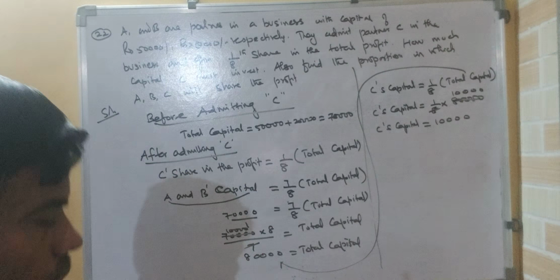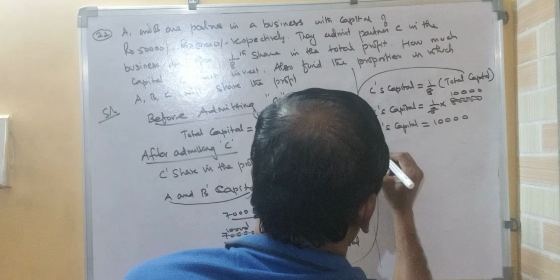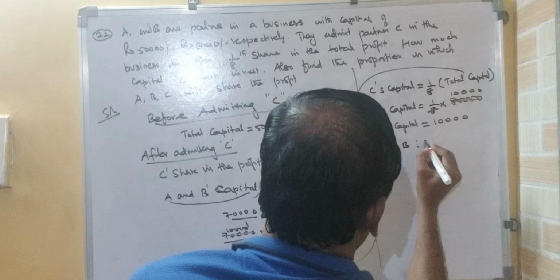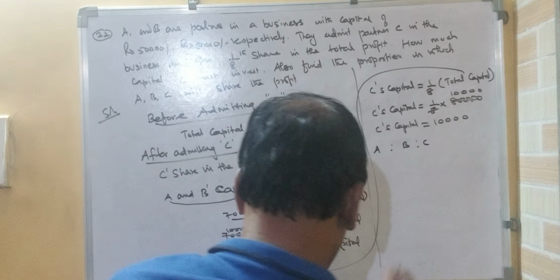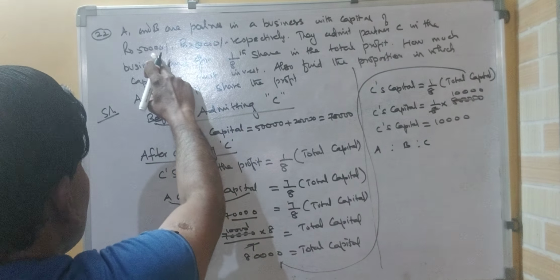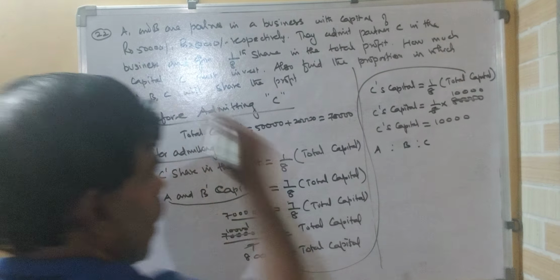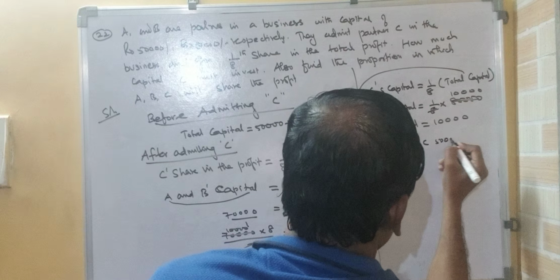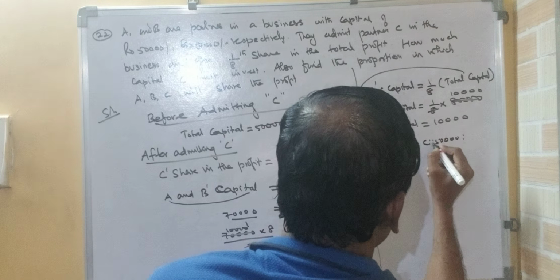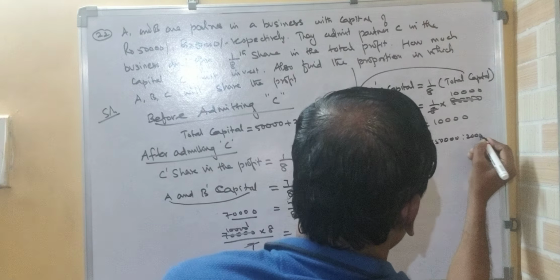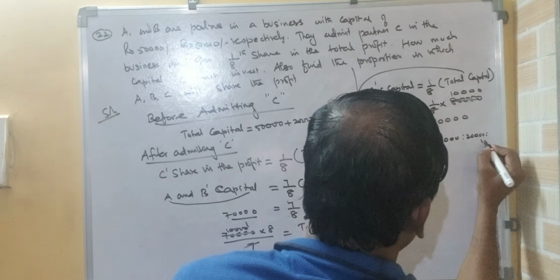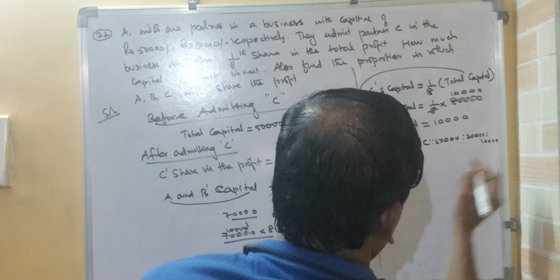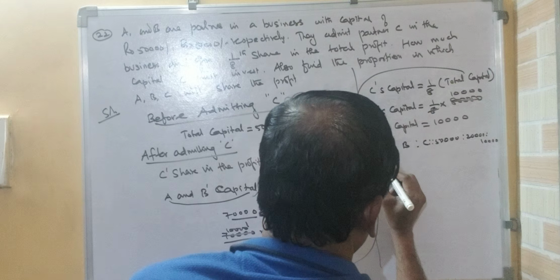Now also find the proportion in which A, B, C will share the profit. In which ratio will they share? See, A, B, C, what is the ratio they brought the capital? 50,000 is to 20,000 is to 10,000. So you can divide by 10,000.